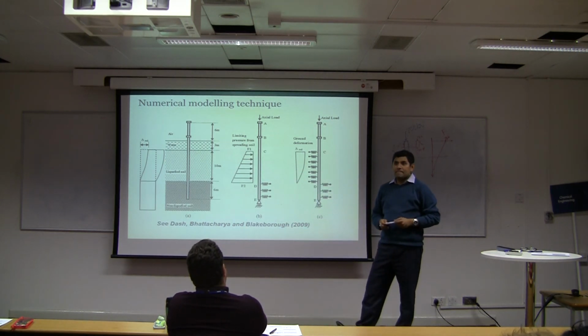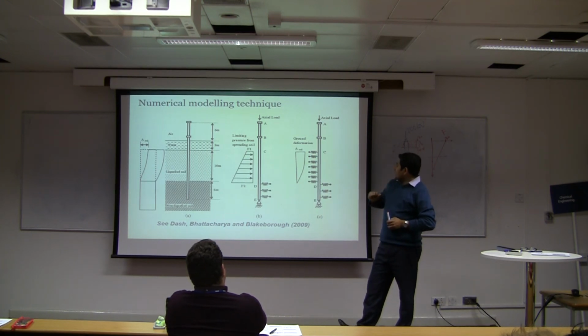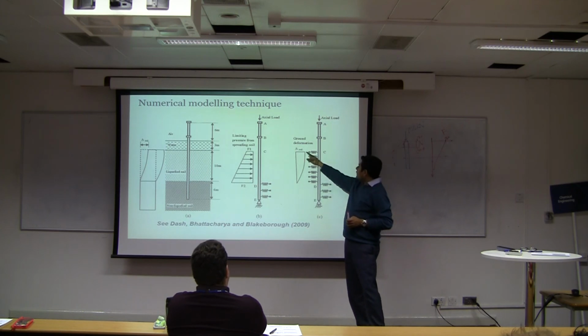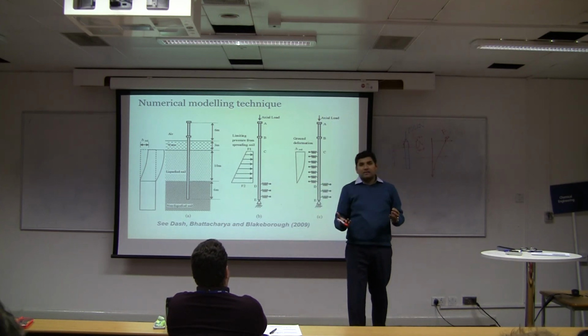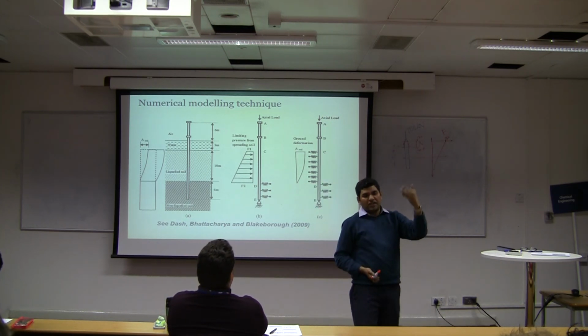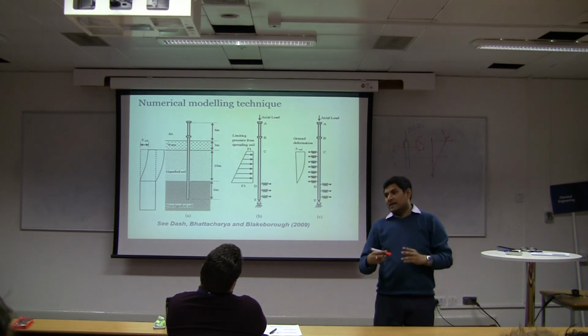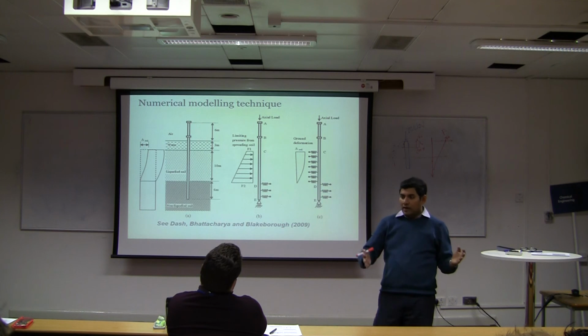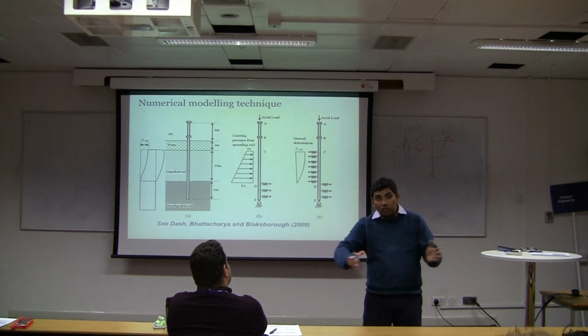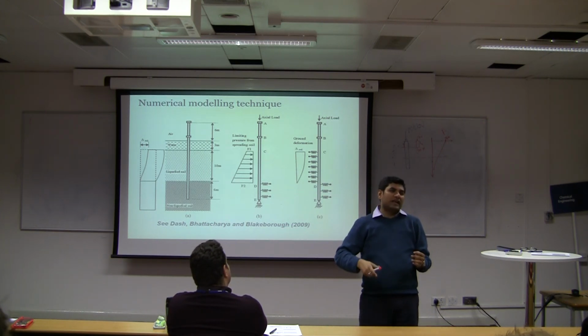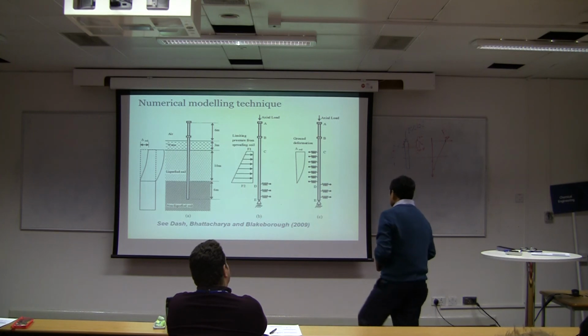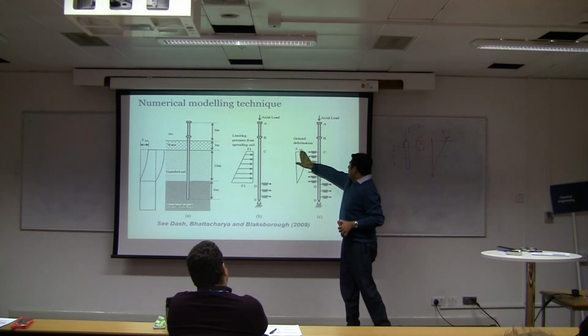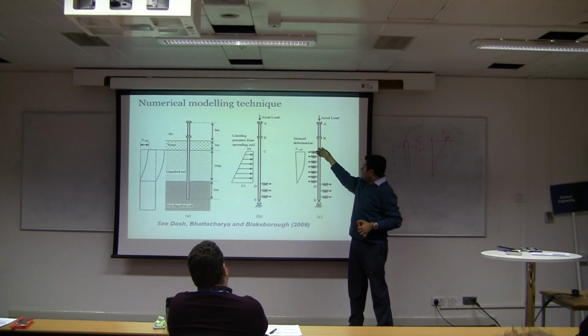Second is, if you can find out the ground deformation. In some cases people have found out that the ground will deform. So in liquefied soil, after the earthquake, the ground moves that way. So you can assume a distribution, and you can apply some movement at the top.